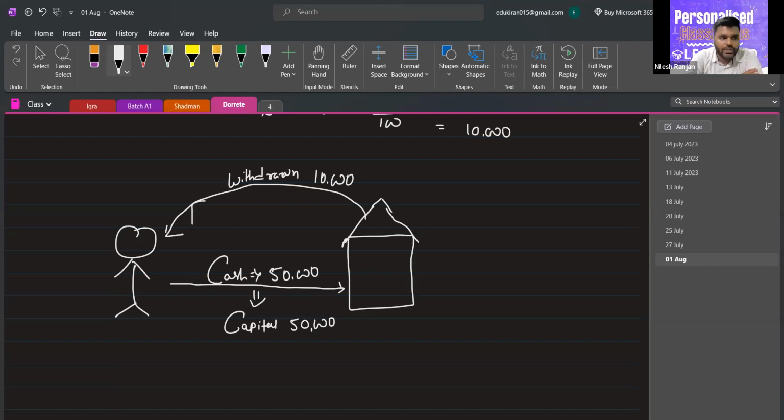So your capital should decrease. If you invest money, it increases your capital. If you withdraw the money, it decreases your capital. Clear? Yes, sir.